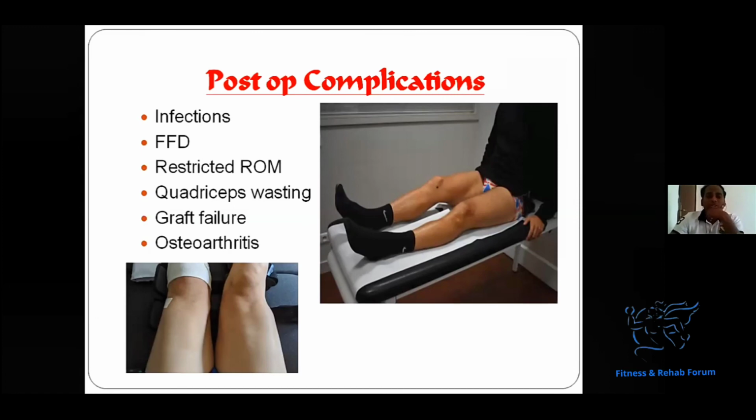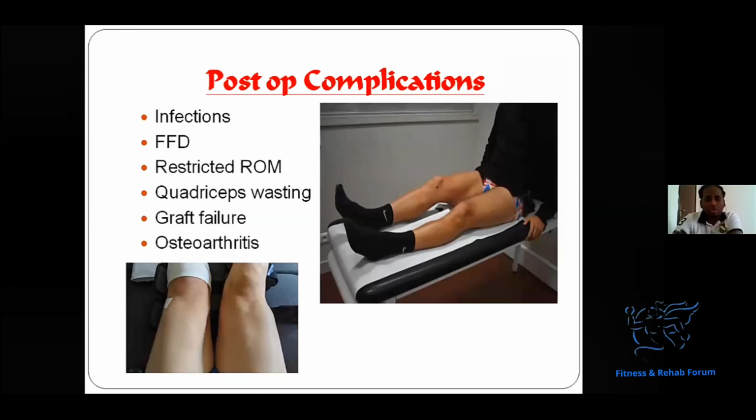Along with fixed flexion deformity, restricted ROM is one of the other complications, particularly quadriceps wasting when the player is not up to the mark with strength training. Graft failure can occur: the graft may be fine during surgery, but if they start high sitting leg extension exercises like open kinematic chain much earlier, or do leg extensions with weight, this can weaken the graft.